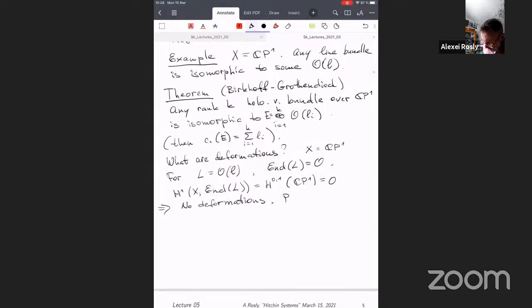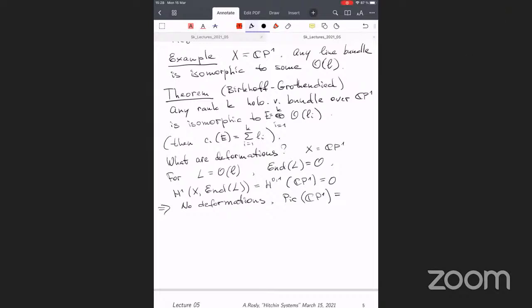And the Picard group, what is the Picard group in this case? Who can answer? Should it be just a point?